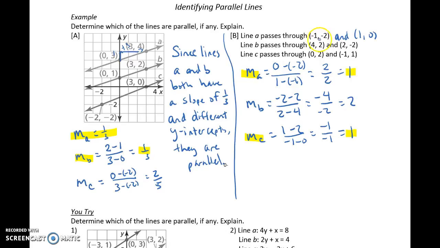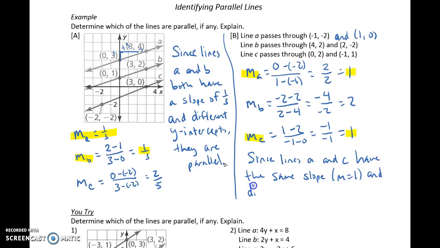Clearly they're different lines. So our final conclusion: since lines A and C have the same slope, m equals 1, and different y-intercepts, they are parallel.